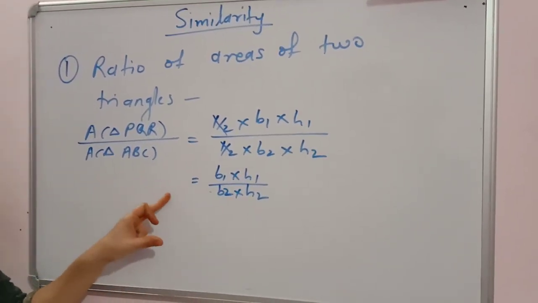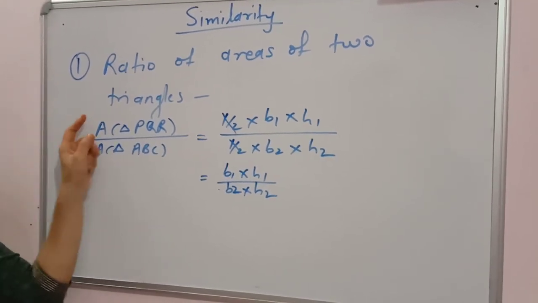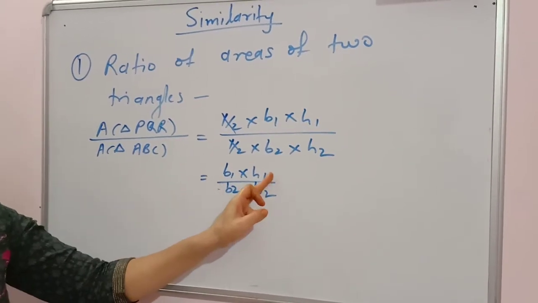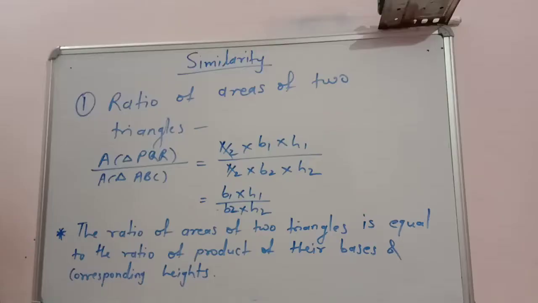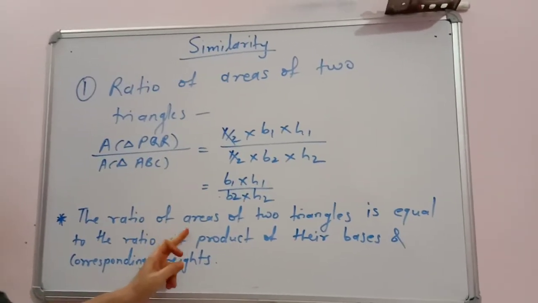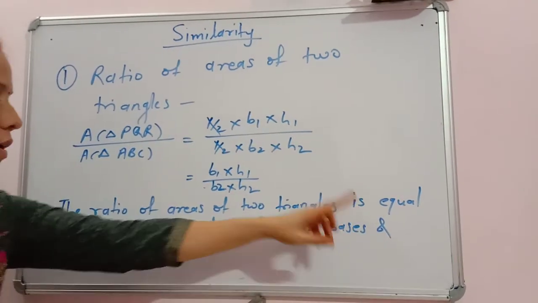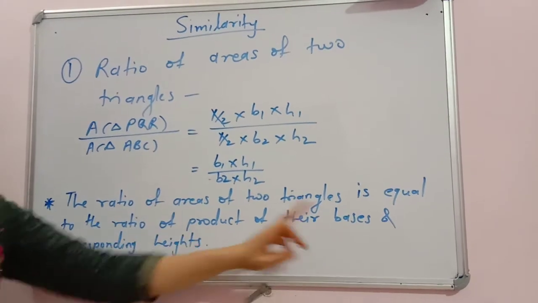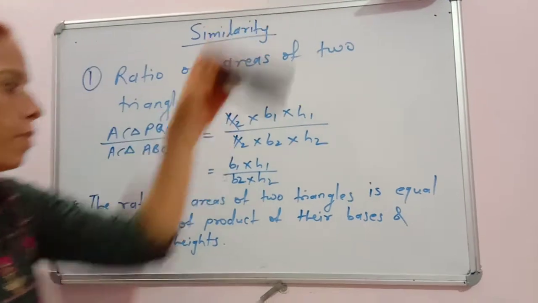So the property we get is that the areas of two triangles are in the proportion of the product of their corresponding bases and heights. The ratio of areas of two triangles is equal to the ratio of the products of their bases and corresponding heights. This is also an important property.